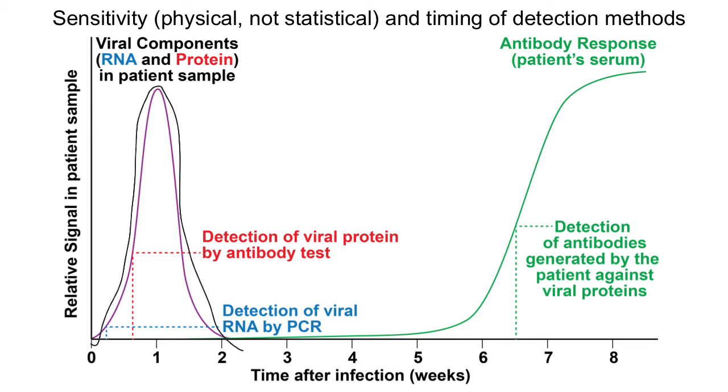Since the PCR is so sensitive, I'm going to detect it quite early because I only need a few copies of the viral genome to be in the sample. Here time is in weeks, and I'm going to be able to detect a viral infection in days, maybe 1 or 2 or 3 days. I'll be able to detect this by PCR.